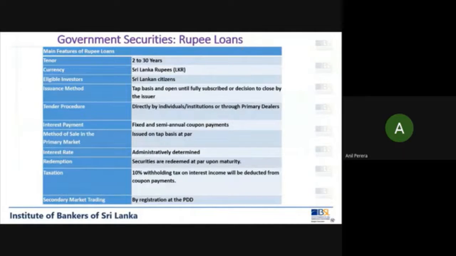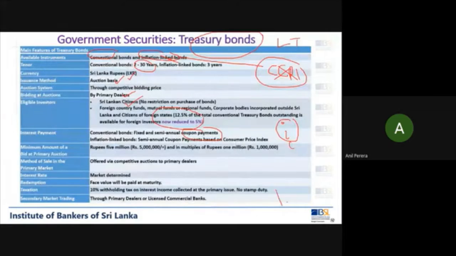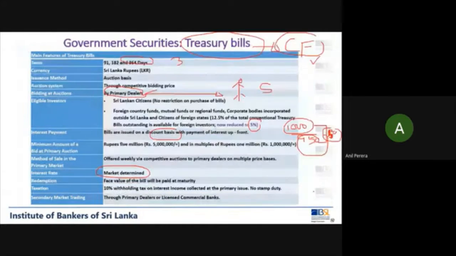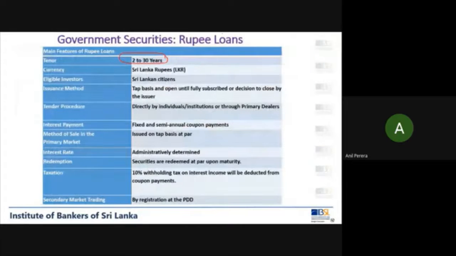And there are rupee loans. Rupee loans are actually not issued in Sri Lanka anymore, but still we have some balances. These are long-term instruments issued by the government for 2 to 30 years. These bonds were introduced in 1997. So before that, the long-term instrument we had was rupee loans, issued in LKR for Sri Lankan citizens.